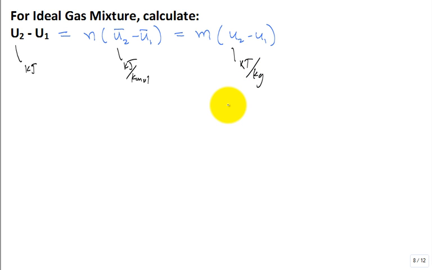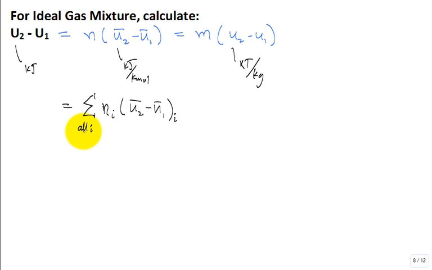True? Okay. Let's say you had more than one component, because it's a mixture. Would I generalize this by saying, oh, it's the sum over all the components of the amount of each component times U2 bar minus U1 bar for each component, summed over all the components I?